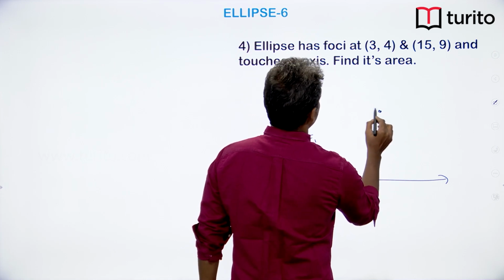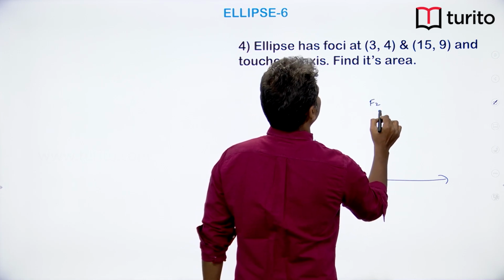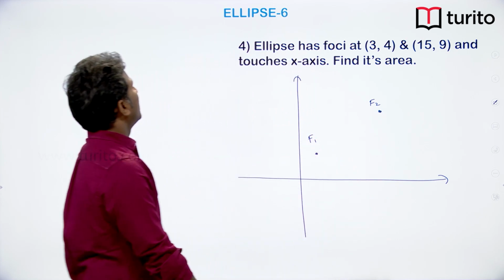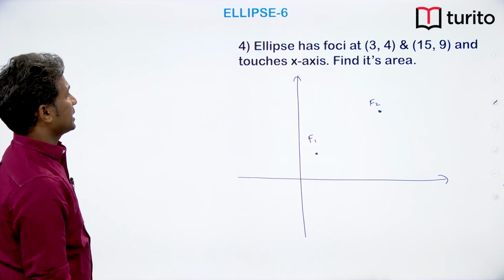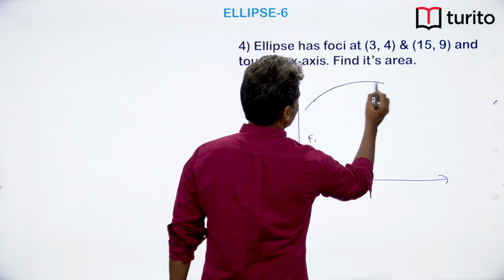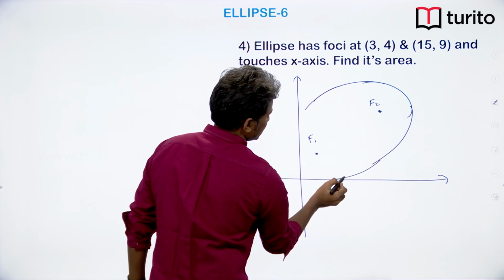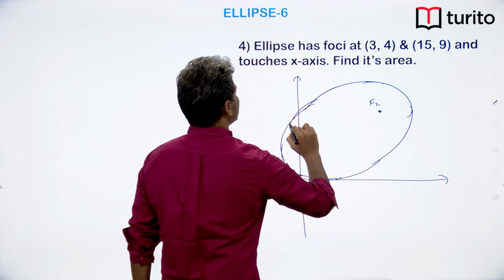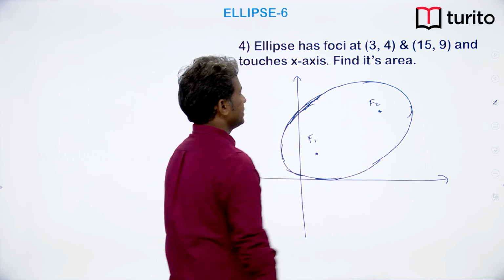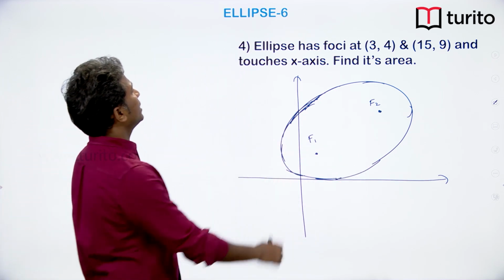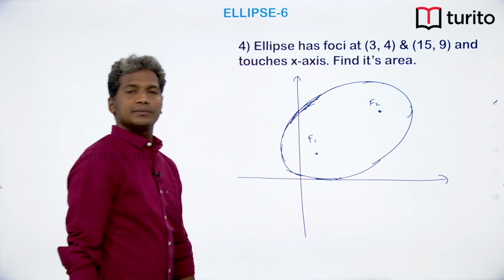So let us name this as F2. Okay. And it touches the x axis. So whatever ellipse we get here has to touch the x axis. So let us say it is touching the x axis here. Now we have to find the area of the ellipse.